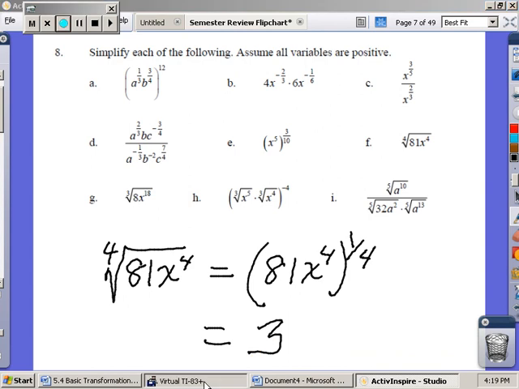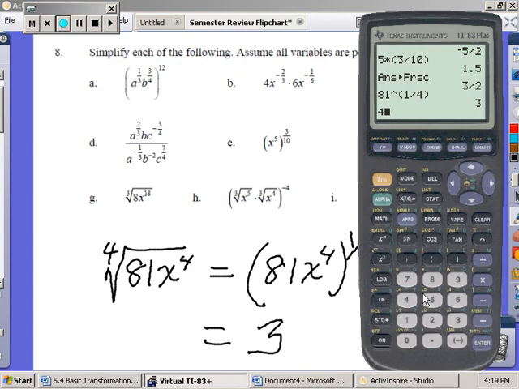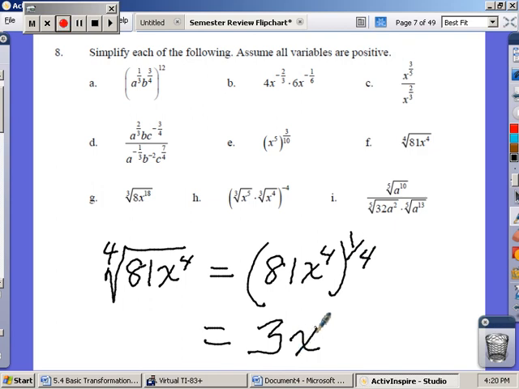Now you're going to take your exponent 4 and multiply it by the other exponent 1/4. Remember to keep all fractions in parentheses on your calculator, so x's new exponent is 1. So I have 3x to the 1st for letter F.